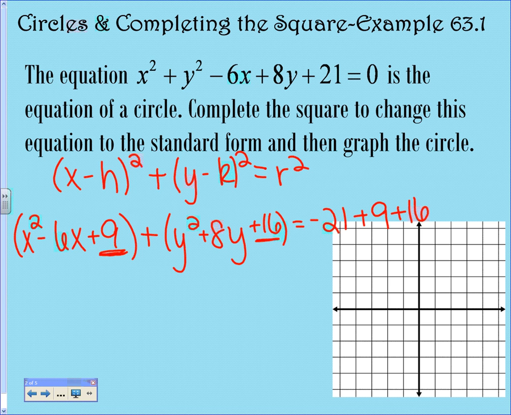Okay, so how does x squared minus 6x plus 9 actually factor? And then what about the y part? It'd be y squared, and then it would equal what? Okay. So now we've got it into standard form.